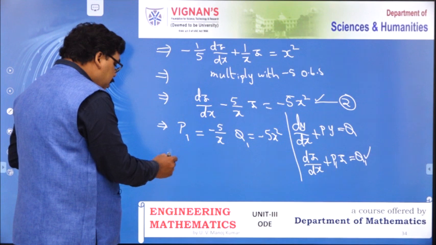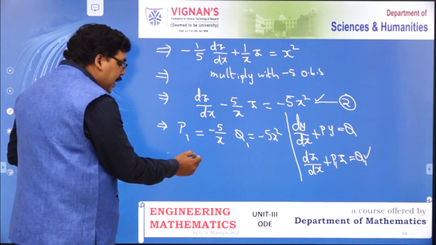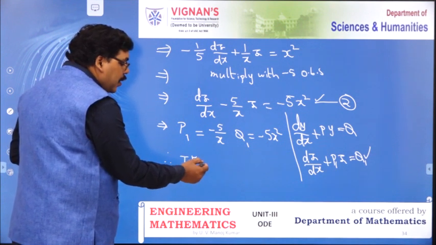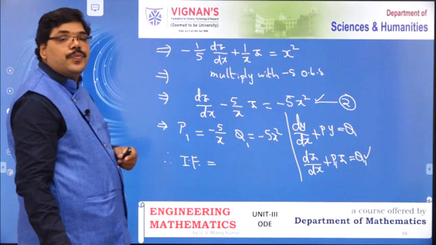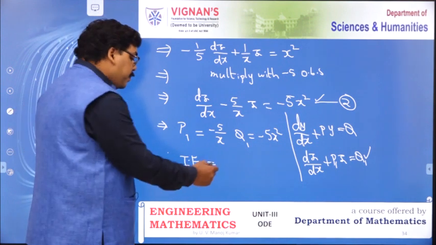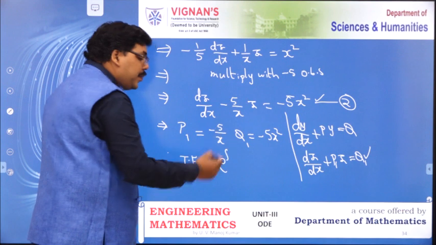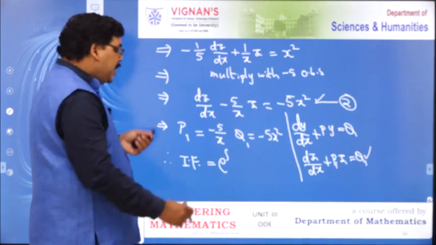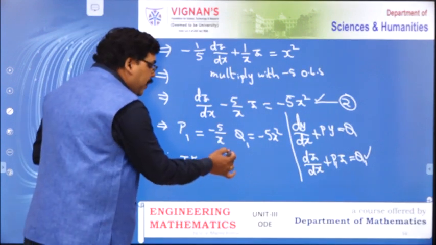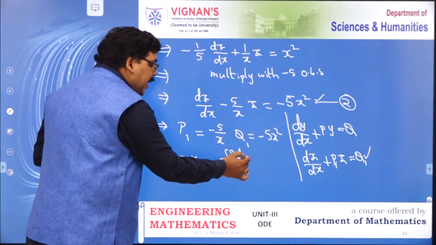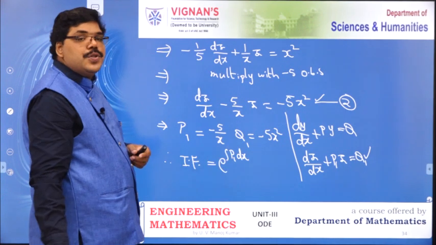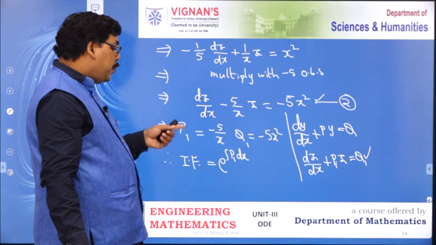Therefore, the integrating factor is equal to e power integral p dx. Instead of p, p1 dx, because we are saying p1 here. So what is your p1?